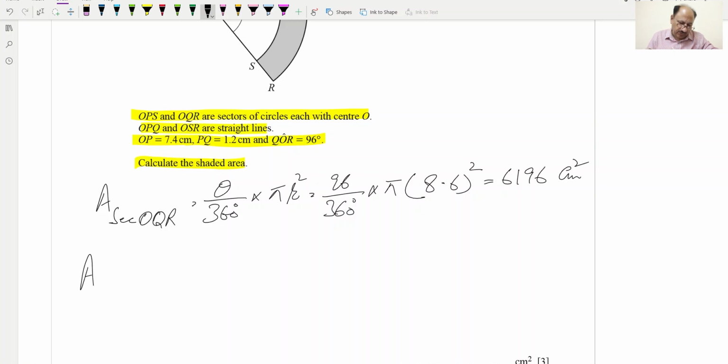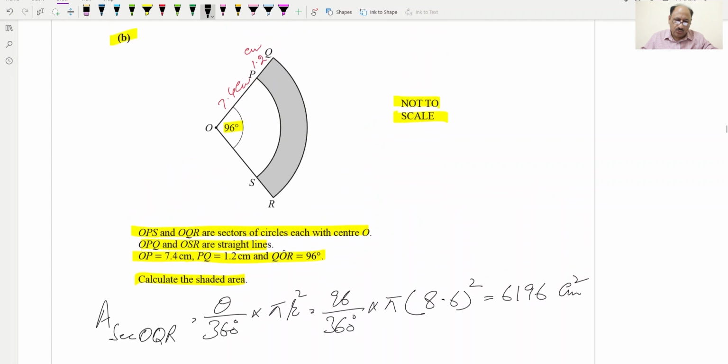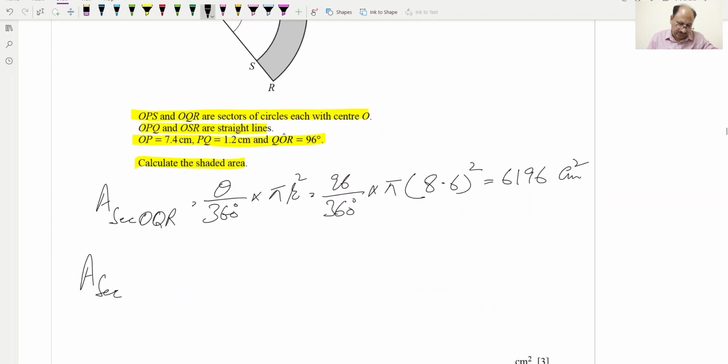And now the area of the smaller sector OPS, which is also equal to theta over 360 times pi r squared.